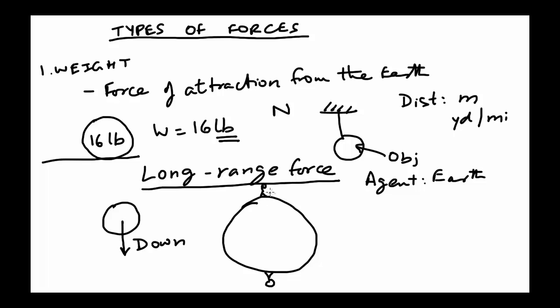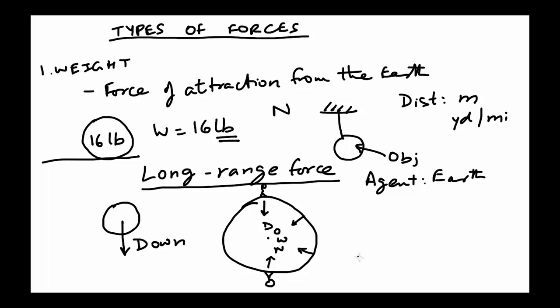If I asked you which way down is, you would point this way. And if I ask your friend in China which way down is, she would point this way. So you are not pointing in the same direction, but both of you are pointing toward the center of the earth. So no matter where you are on earth, the weight will always point straight down, and straight down always means towards the center of the earth.